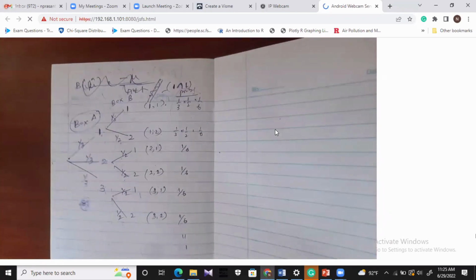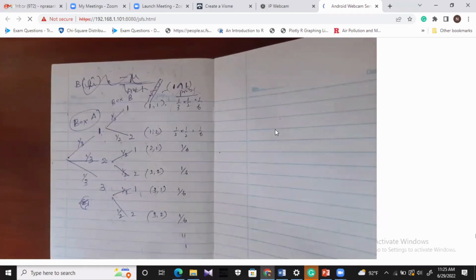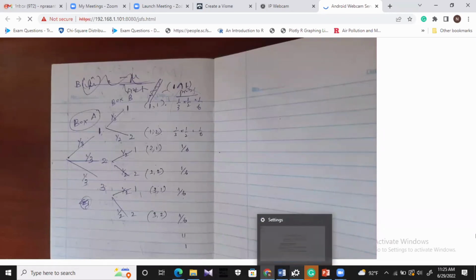Okay, now we are done with constructing the tree diagram for this situation. Now we need to give answers. Before answering the questions, you need to read those questions very carefully and understand what we are asked to answer.